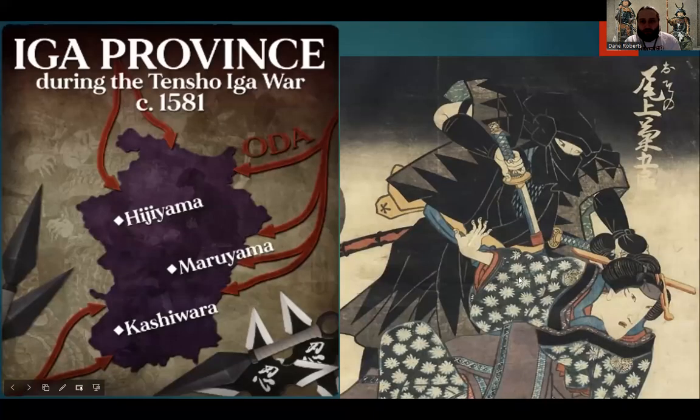And so eventually what happened is the Iga clan, the Iga province, was proving a massive threat to Oda Nobunaga's rise in power.